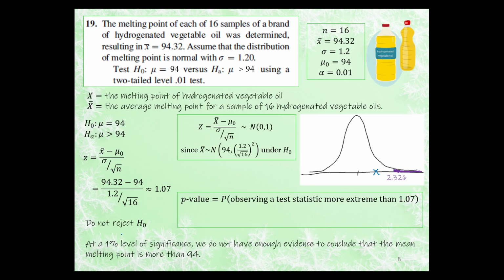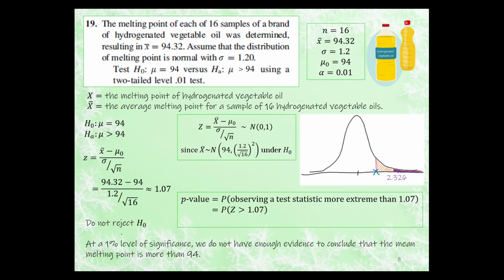By more extreme, we're looking at the direction of the alternative. Our alternative says greater than, so more extreme in this case means greater than as well. So we are going to calculate the probability that z is greater than 1.07. That's now indicated on the sketch, the shaded area in red.